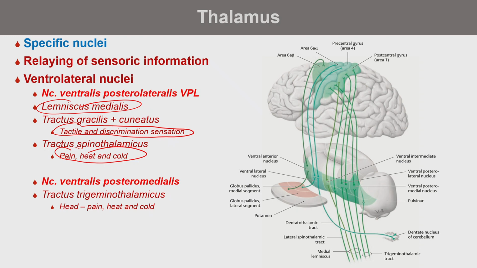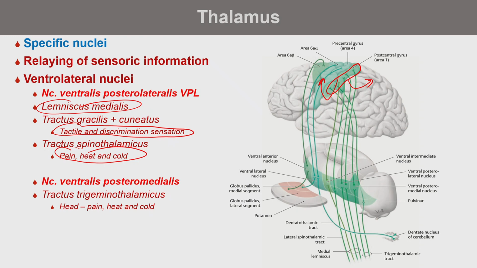And those information are specifically related to the postcentral gyrus, where those sensations are then integrated with the others, and then they have a real impact on the motor function or on discrimination of the position of the human body parts.